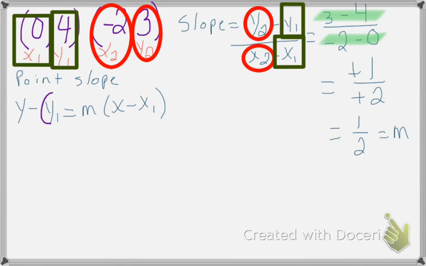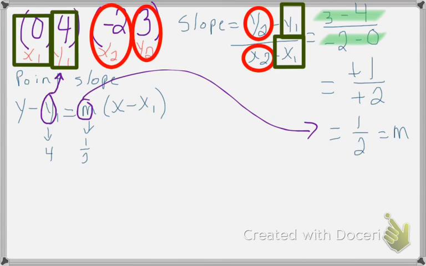What is y1? Right there. 4. So this is 4. What is the m? We just figured it out. It's way over here. So that's 1/2. What is x1? x1 is right there. You already have it labeled. It's 0.